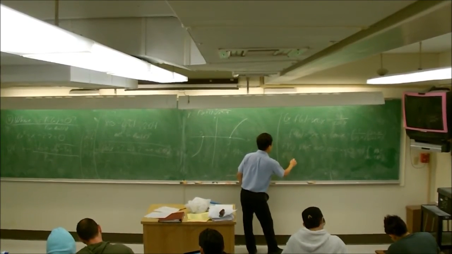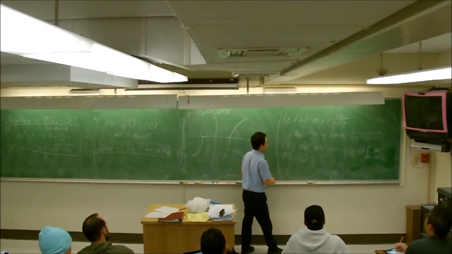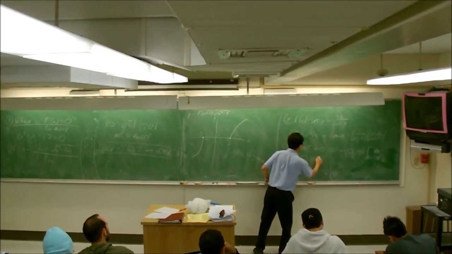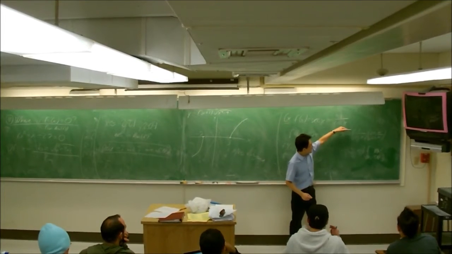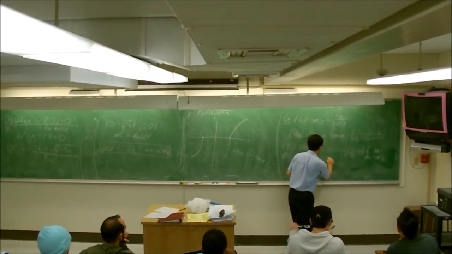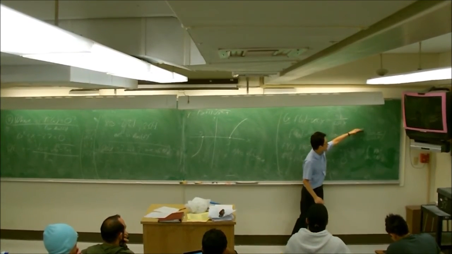What about where f prime of x is 0? Let's look here. f prime of x is 0. When does that happen? Well, look at this over here. It's when what equals 0? Sine of x is 0. Can sine of x and cosine of x be 0 at the same time?